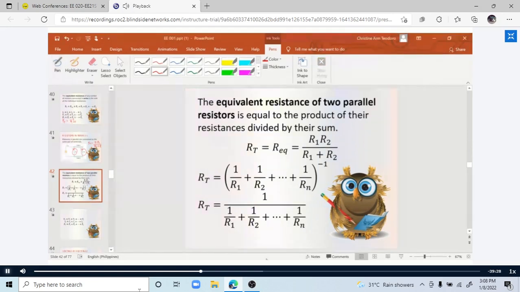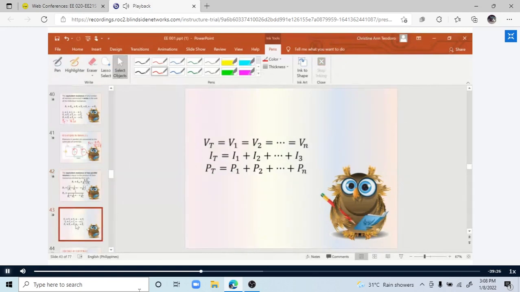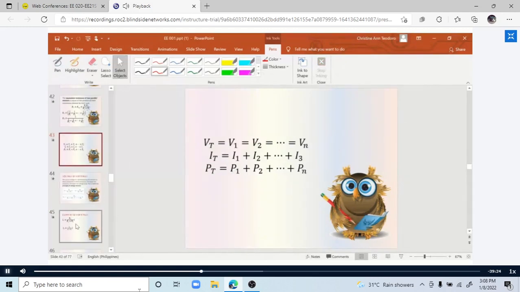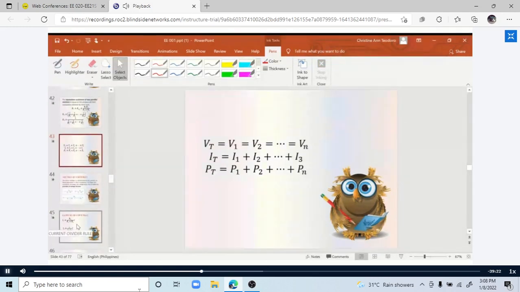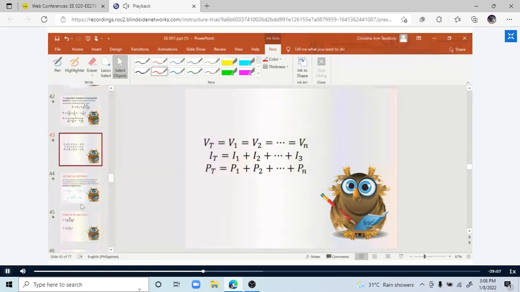Next, let us now proceed to the conditions when it comes to voltage, current, and power. When it comes to voltage, it is somehow the opposite of the condition in series. In a series connection, our voltage is additive, right? But in a parallel connection, our voltage is constant.